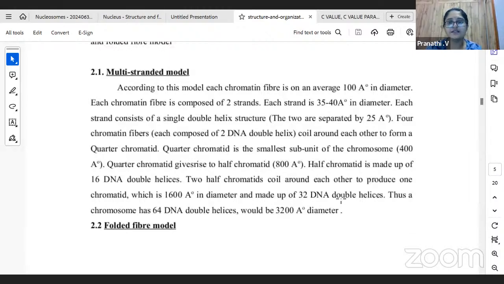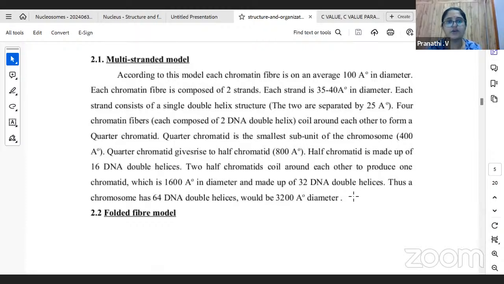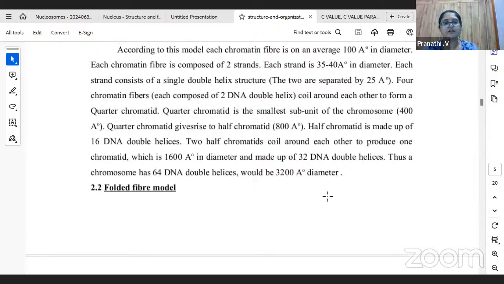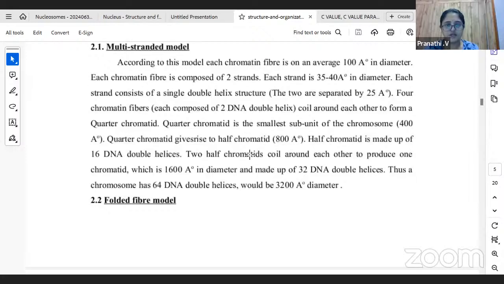This quarter chromatid is the smallest subunit of the chromosome and is around 400 angstroms. This is what is given in the multi-stranded model. To form all of this, chromosomes finally have around 64 DNA double helices, which makes around 3200 angstroms in diameter. So this is one multi-stranded model.